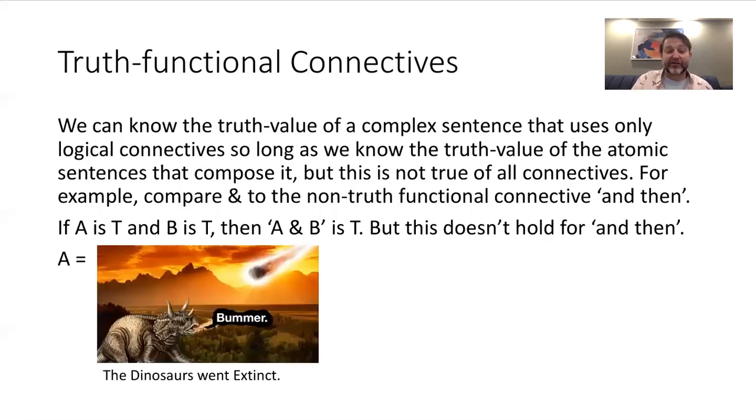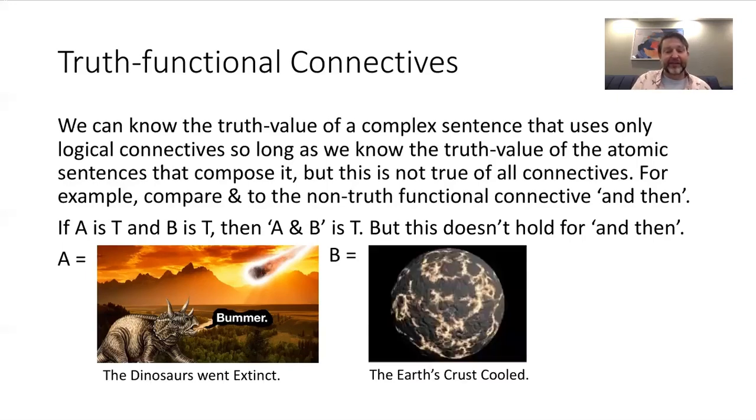So consider 2 sentences. A stands for the atomic sentence, the dinosaurs went extinct. And we'll take B to stand for the Earth's crust cooled. Now, these 2 sentences are true. And if we combine them using conjunction, we also get a true sentence. So A and B will be true.